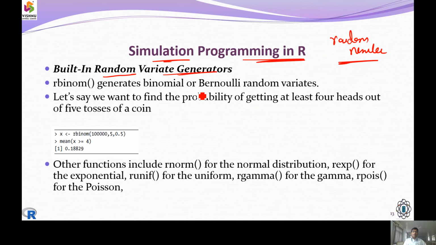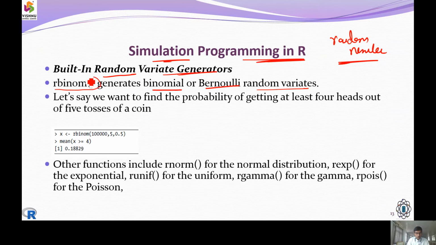Earlier we worked with the chi-square method, or we talked about the bell-shaped graph, that is normal distributions, etc. Those are with random numbers or binomial or Bernoulli random variables.